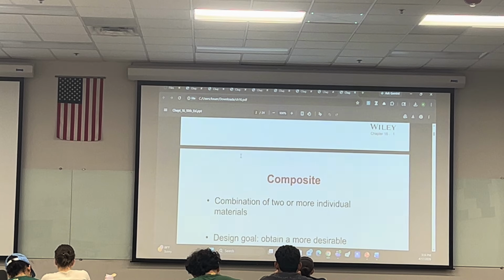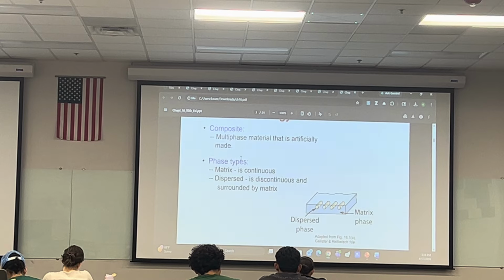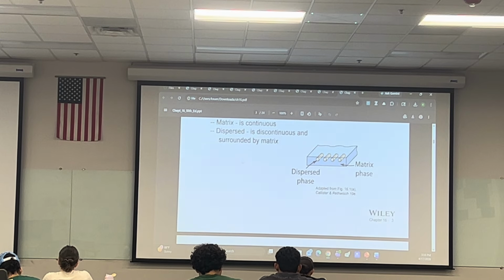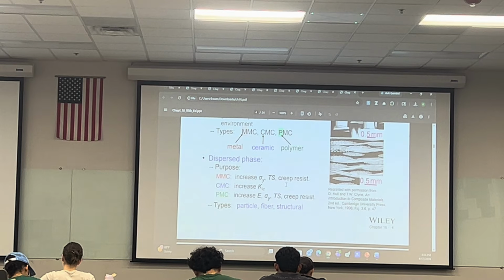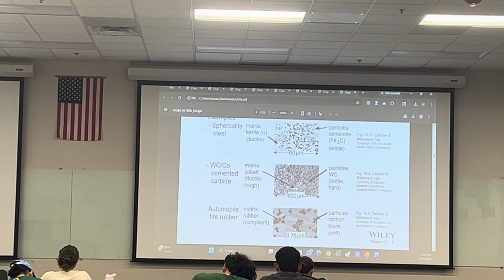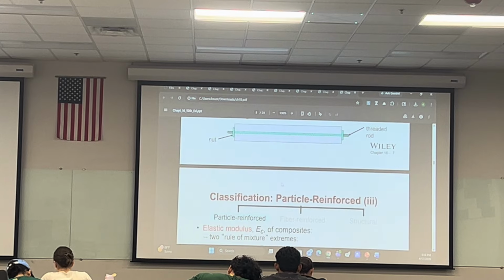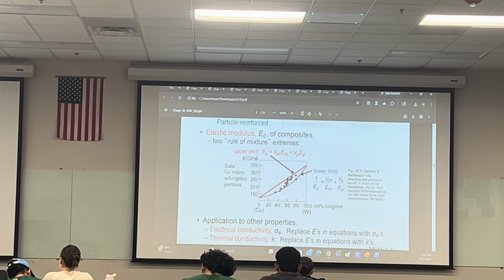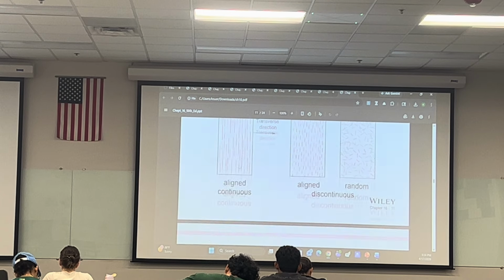And here we talked about, well, first we introduced composites. We have two main phases, matrix and a fiber phase. And based on that, we talked about the mechanical properties of composites, like how we calculate the Young's modulus and other properties.